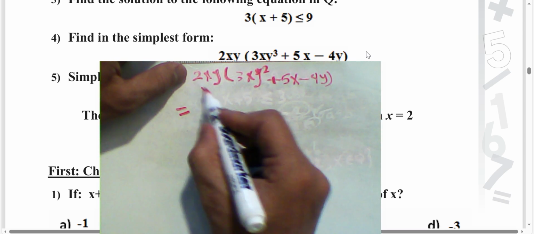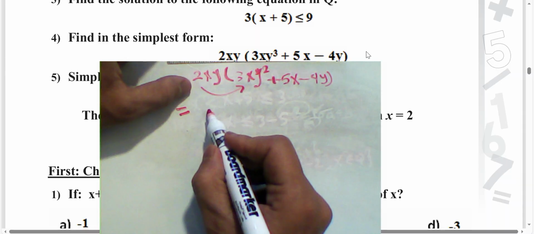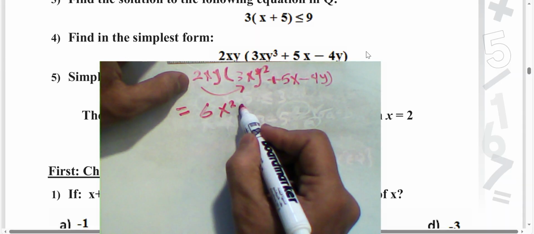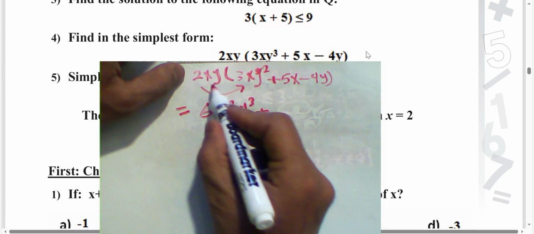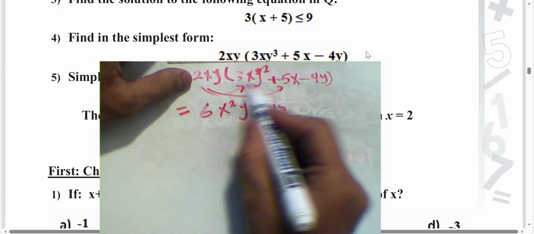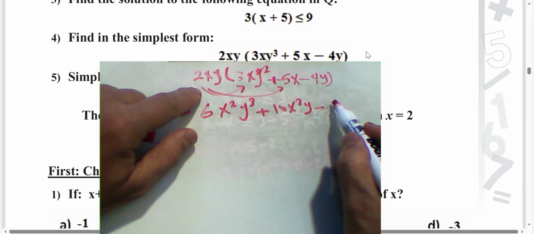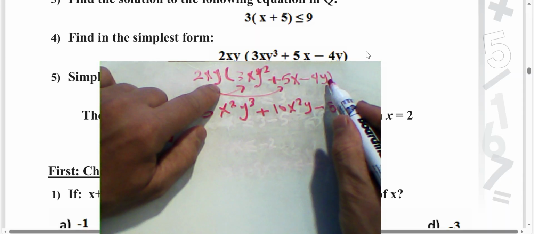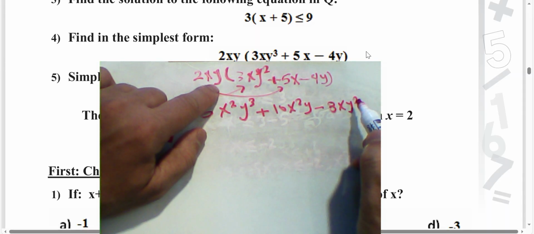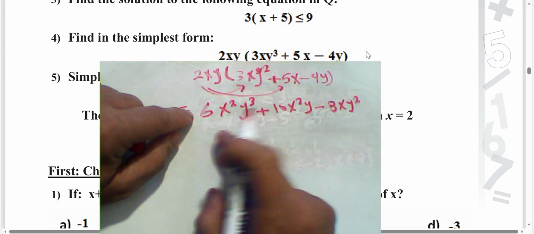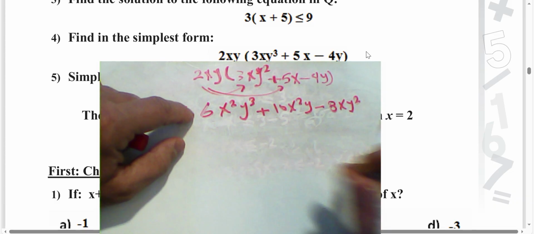Write with me. 2 times 3 equals 6. x times x power 2. y times y power 2 is y power 3. 2 times 5 equals 10. x times x power 2, and then write y, write negative 4 times 2 equals 8, and xy times y, it will be x y power 2. You add the powers here. Then the simplest form, we can find more than this.